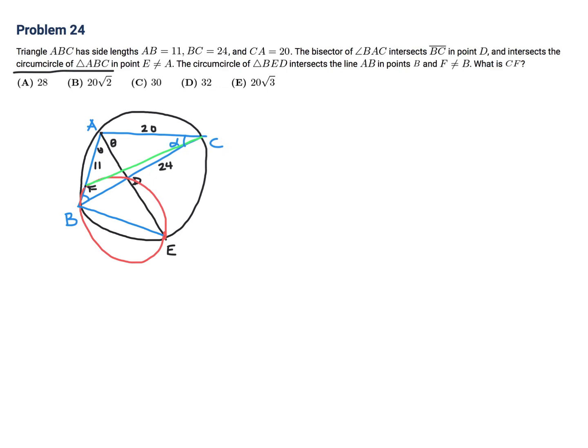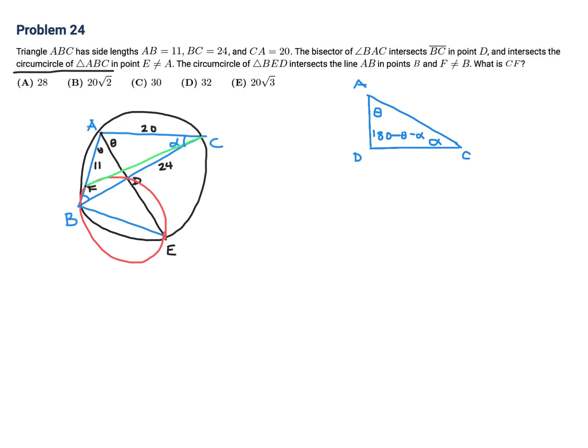Let me draw these triangles out here to avoid making this diagram messy, because it's already getting kind of messy. Let me draw that first triangle, ADC, out here. That's theta, that's alpha, and this angle here would be 180 minus theta minus alpha.